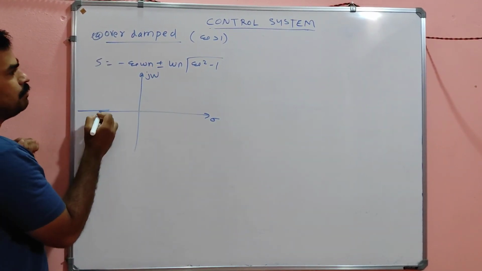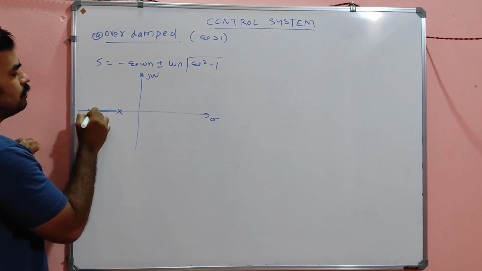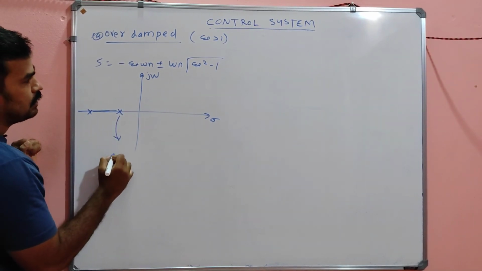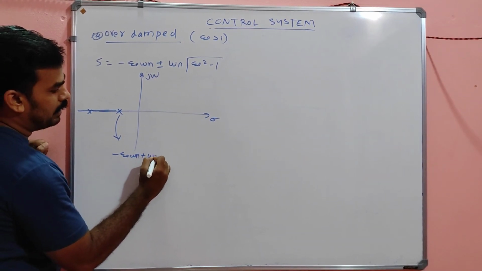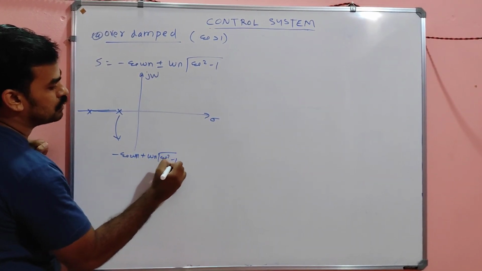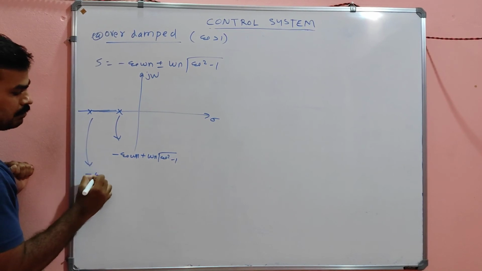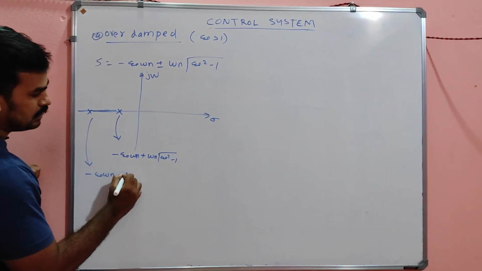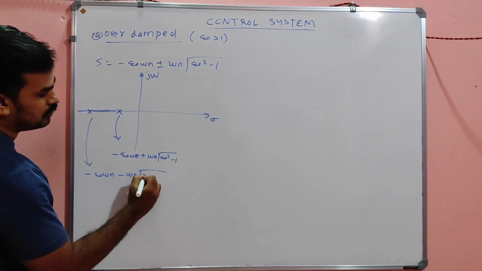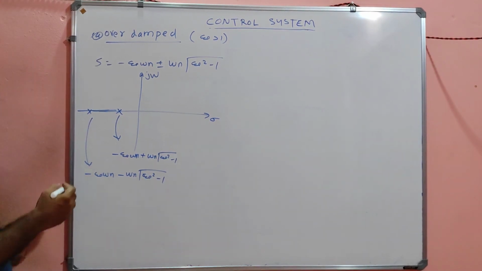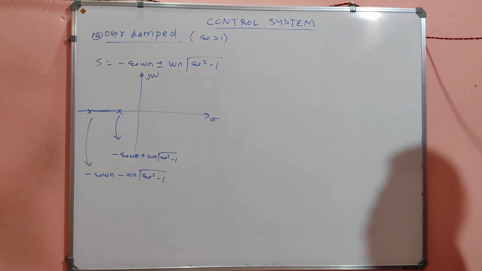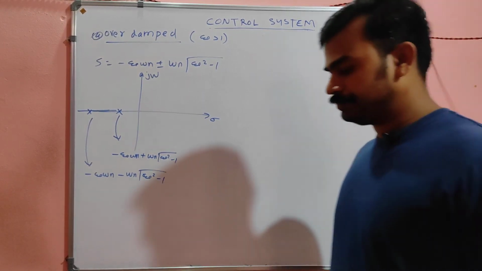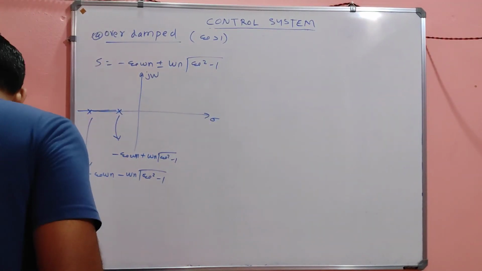No. There will be 2 poles, one here and one here. This pole will be minus theta omega n plus omega n root of theta square minus 1, and this pole will be minus theta omega n minus omega n root of theta square minus 1. There will be 2 poles, both having this much value.